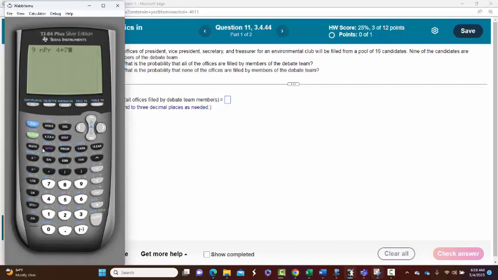But we want none of those. So 0 out of the remaining 7. Then we divide by 16, choose 4, because it's 4 out of all 16 is your sample space.